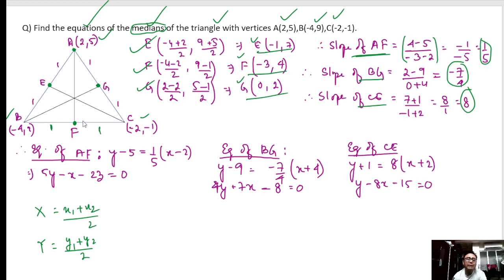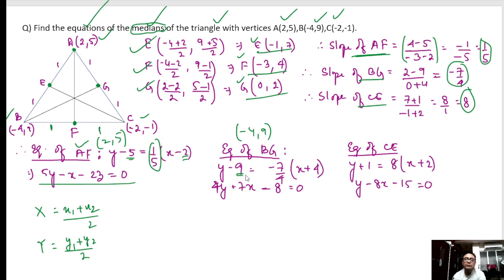Now AF median is passing through 2, 5. So y minus y1 is m into x minus x1. So this is the equation of AF. Similarly, BG is passing through the point minus 4, 9.